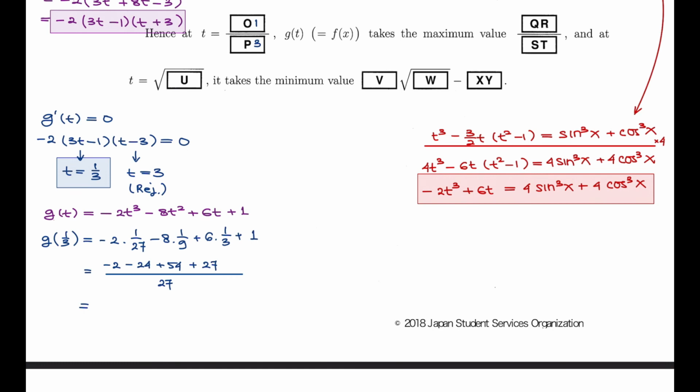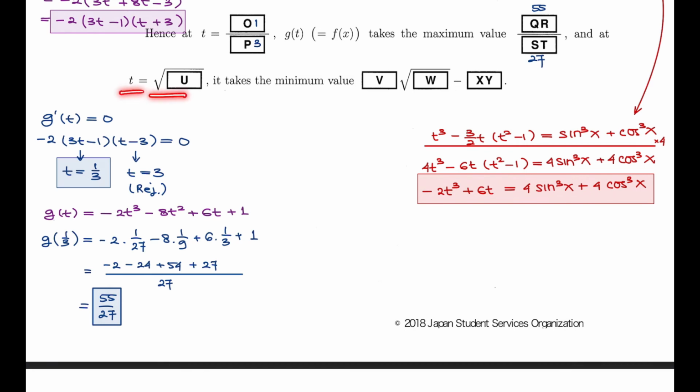Negative 2, negative 24, negative 26, negative 26 plus 54 plus 27. It becomes 55 over 27. That is the maximum value of g of t, which is the maximum value of f of x. So the maximum value is 55 over 27. This is 55, this is 27.